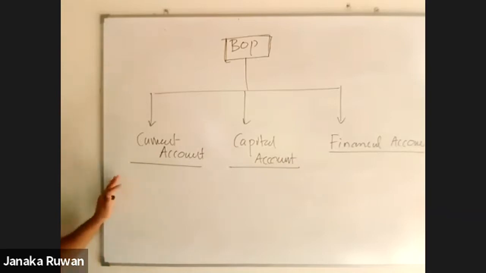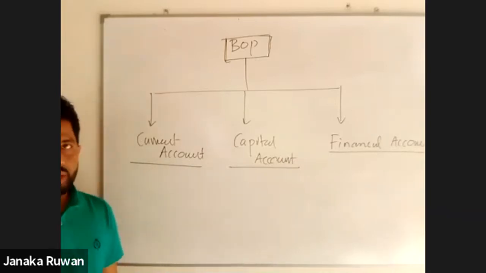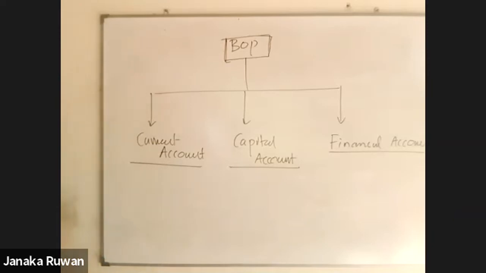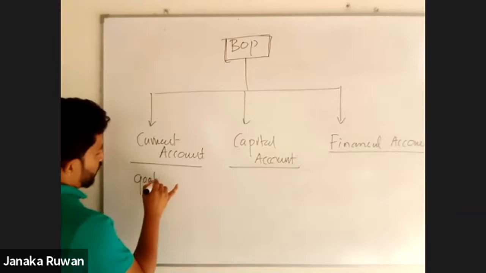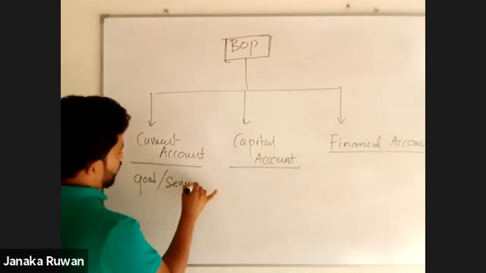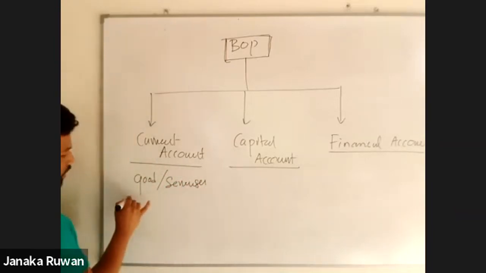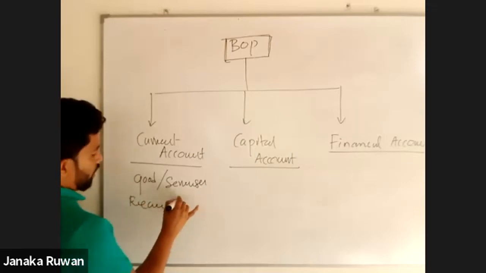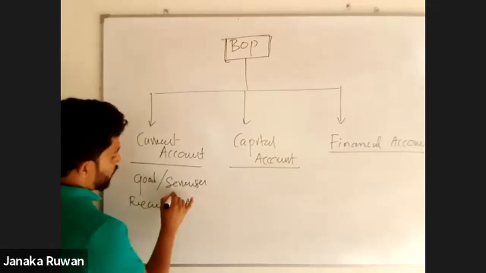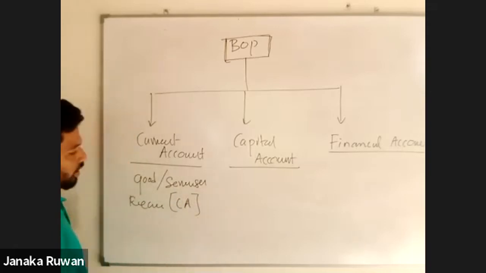Today we are going to discuss the elements of the balance of payment and how to record all the transactions with other countries. If you are going to transfer goods and services, it is recorded in the current account, denoted CA.